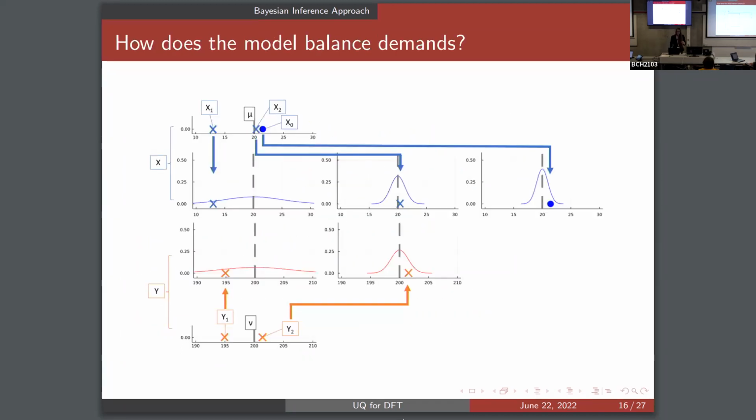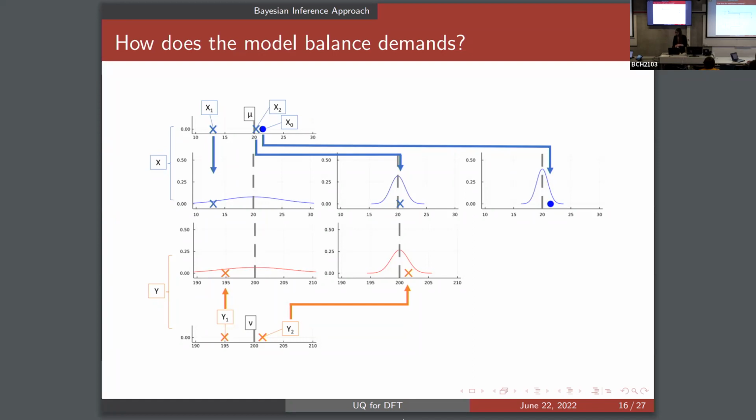This figure is meant to help visualize how the model chooses distributions for different data points. It's a bit of a simplification because the aim of the model is to get distributions for both mu_x and mu_y, which are here for simplicity treated as point values. But the aim is to show the different distributions out there.